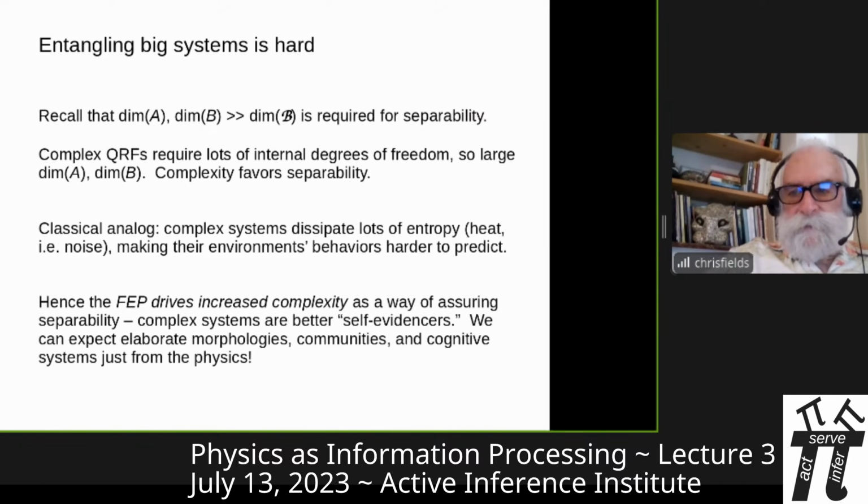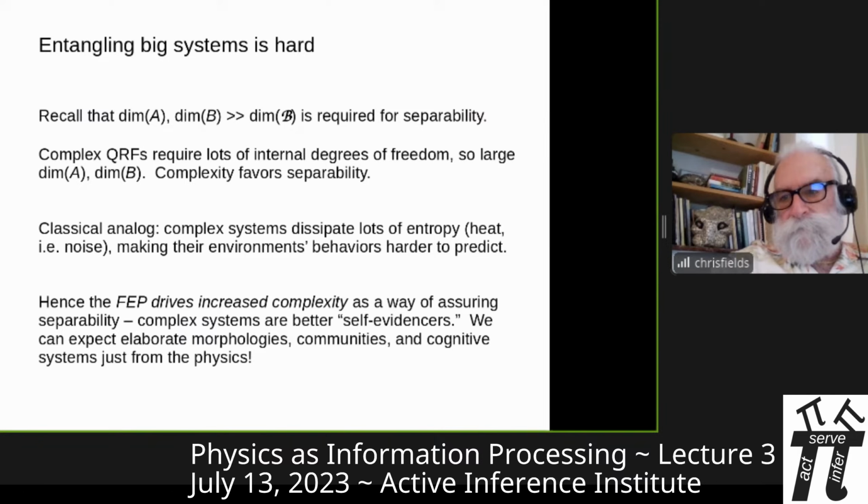Now, think about this classically. If you have a complex system that's doing a lot of computation, then it requires a lot of free energy, and it has to dissipate a lot of entropy in the form of heat, typically, or some form of energy transfer that its environment is going to see as noise, as not informative. So a complex system is working very hard to predict its environment's next state.